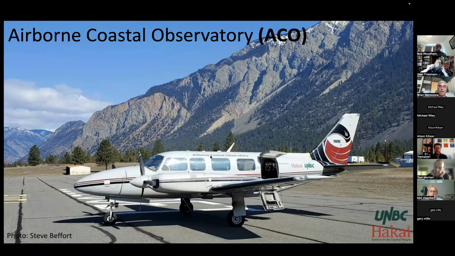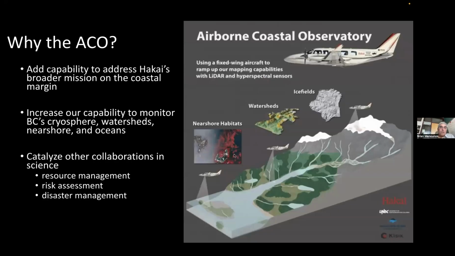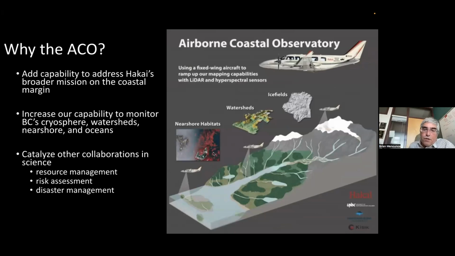So we lease an aircraft, which we call the Airborne Coastal Observatory. And this, again, is a joint partnership between Hakai and the University of Northern BC. This particular aircraft is used to not only understand glaciers and how they respond, but also how nearshore habitats or watersheds are responding to climate change, or how they're undergoing dynamic change and will undergo those changes in the years ahead.